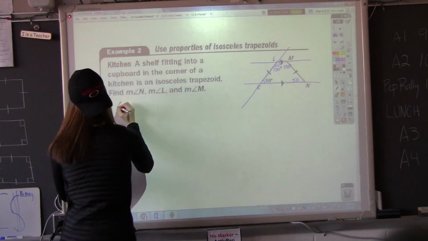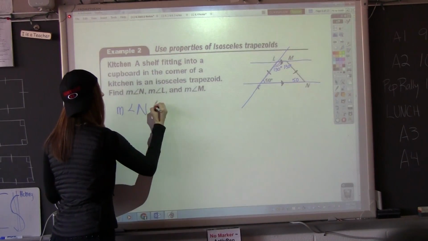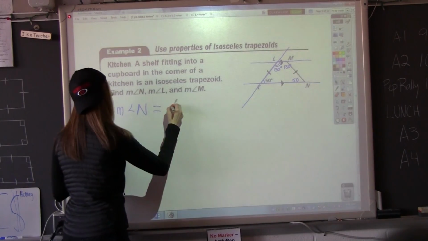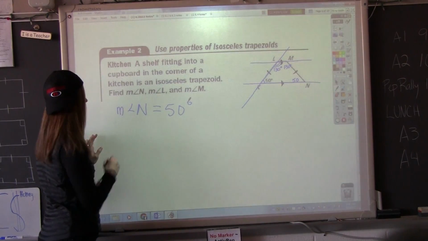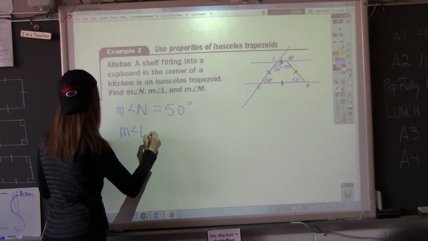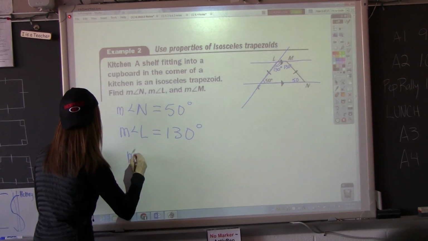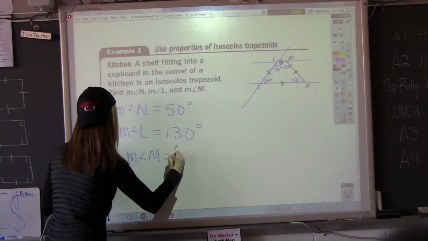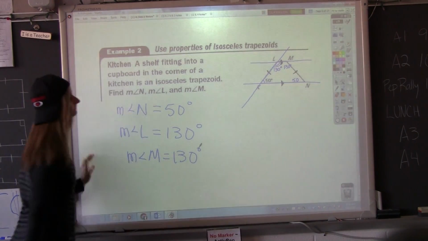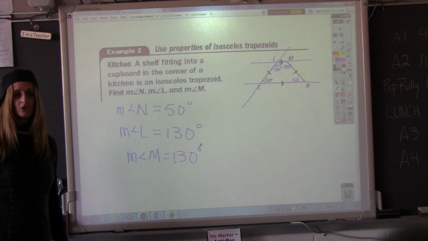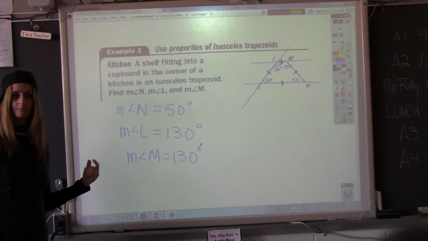So the measure of angle N is 50. The measure of angle L is 130, and so is M. Questions? Try the next one on your own. It's just the same. Go.